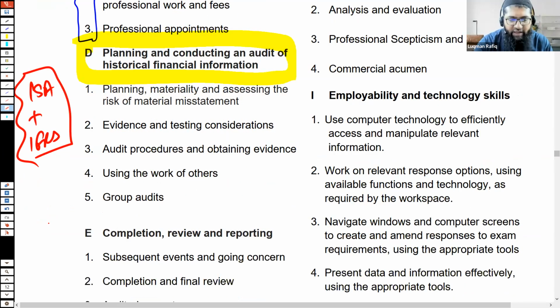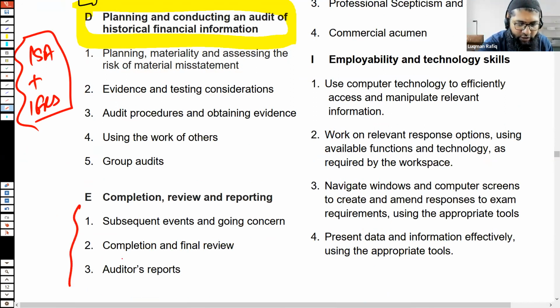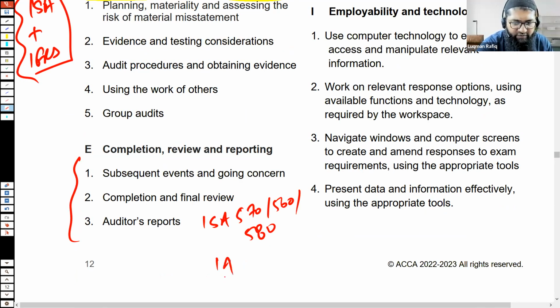Then there is the completion, review, and reporting stage. We're going to talk about some ISAs, which include ISA 570, 560, 580. Then there is the ISA 700 series, which is about audit reporting.